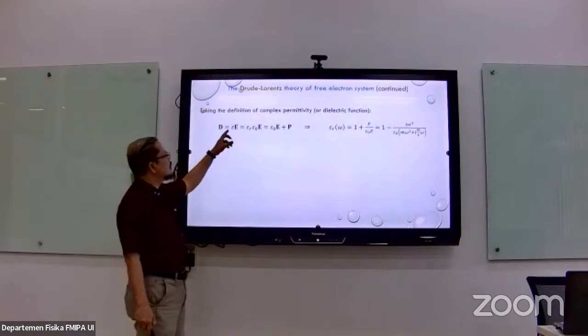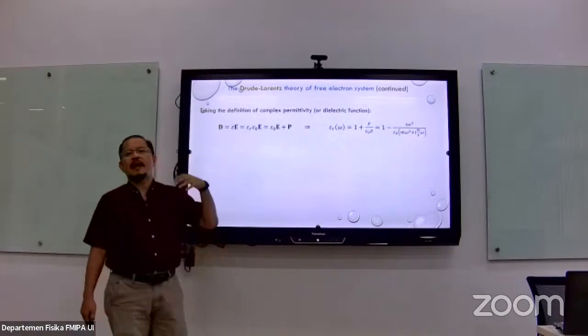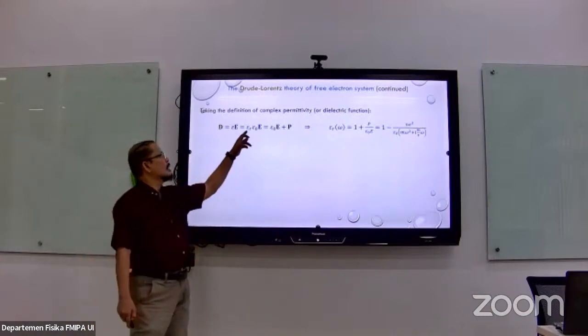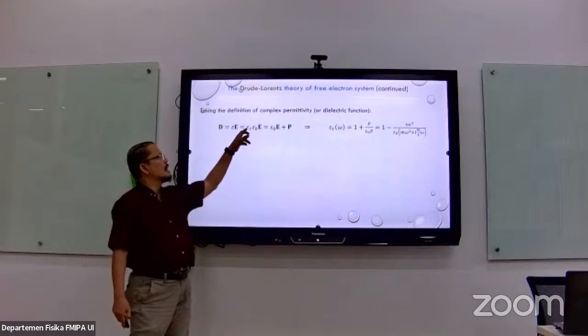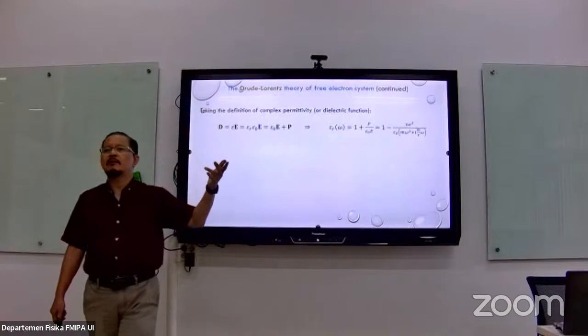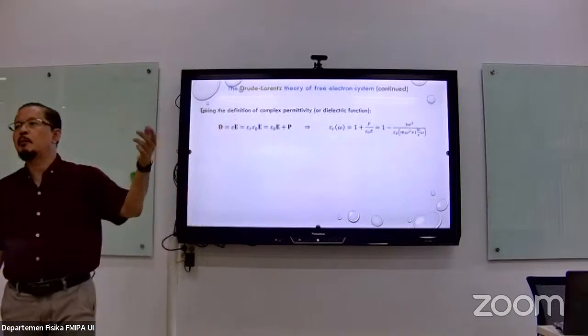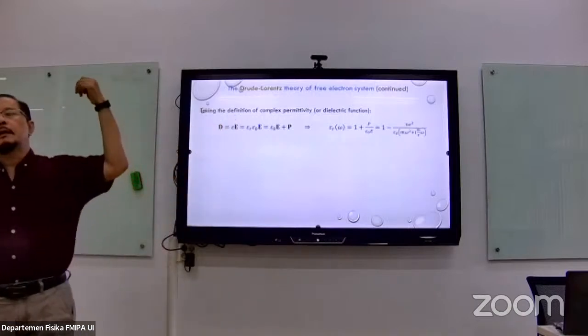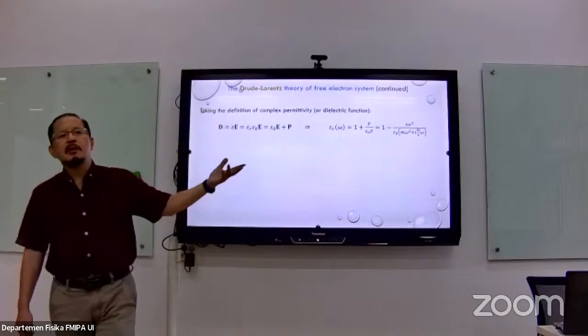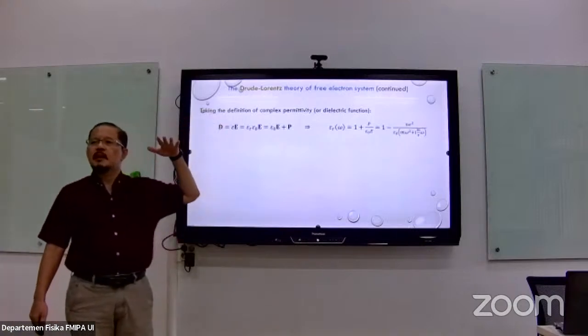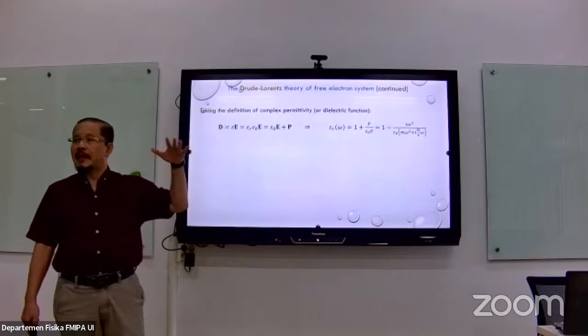So if we relate it to the epsilon of vacuum, then we have to put a proportionality factor, which is epsilon R. R stands for relative. So epsilon R is the relative permittivity, which is the permittivity of the medium divided by the permittivity of vacuum.